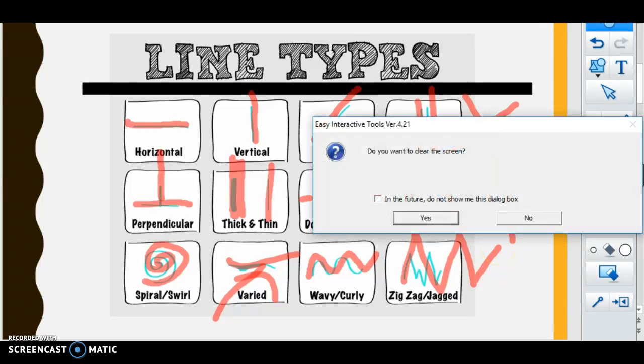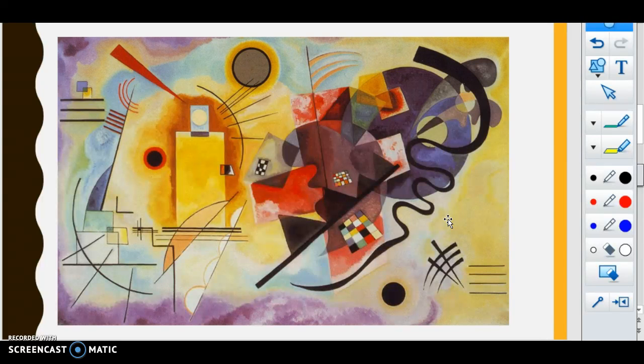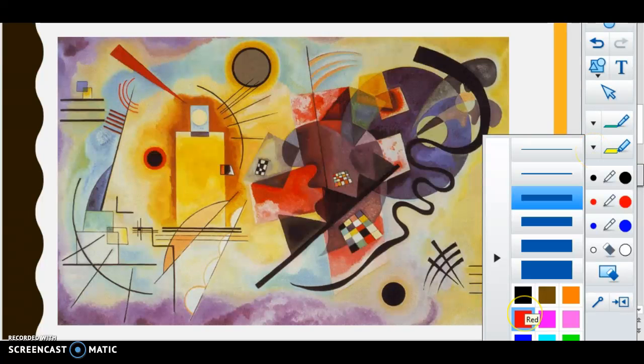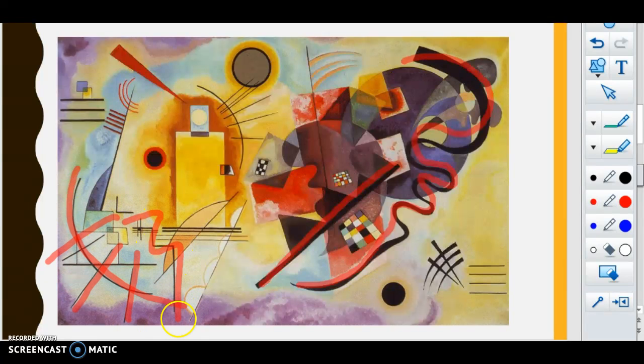Okay, so let's move on. We are going to move on to a piece done by Wassily Kandinsky. He is an abstract artist, and I just would like to point out the lines that we can see right away. Okay, there's a lot of different lines and shapes going on in here, and we're going to talk about the reasoning for that.